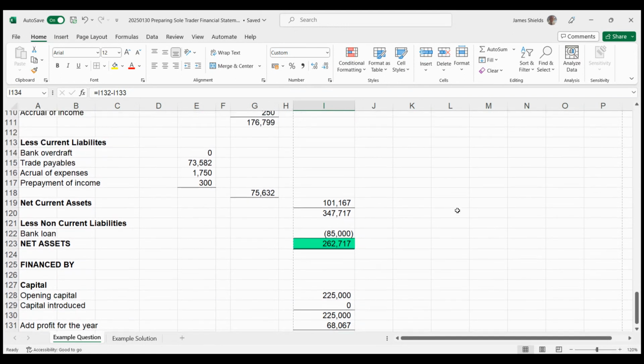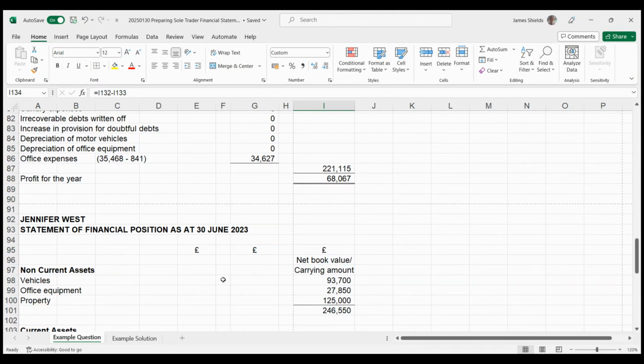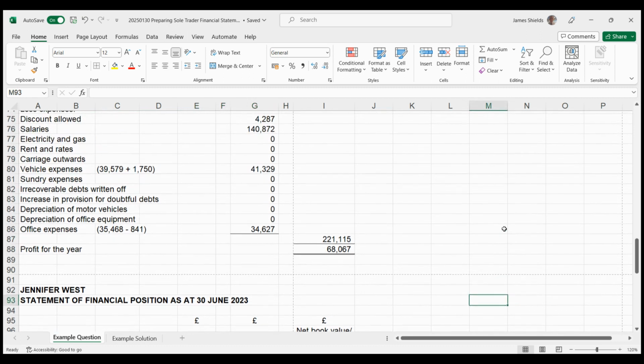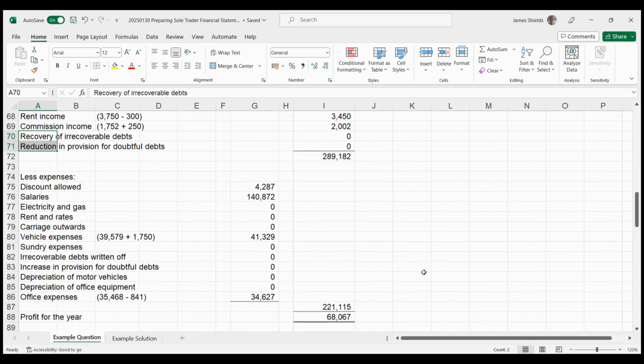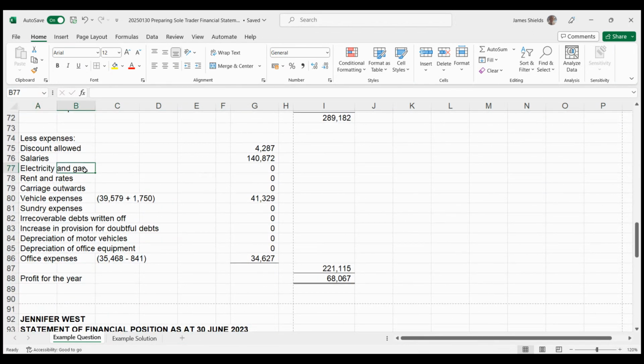Now, one other thing I want to mention: you'll notice because we didn't have any accumulated depreciation, I didn't include that in my statement of financial position. And in all of these other entries, wherever we got a 0, for example carriage in, irrecoverable debts, provision for doubtful debts, electricity and gas, rent and rates, carriage outwards, sundry expenses, depreciation of motor vehicles and office equipment, if there are no amounts for them, you do not need to include those lines.